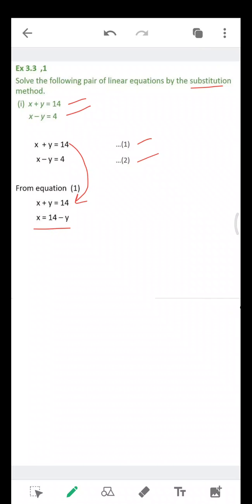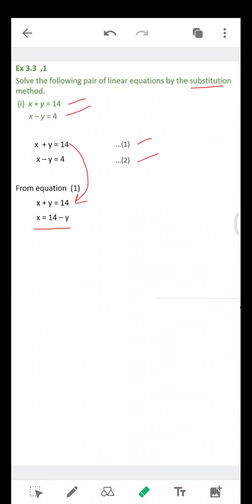You can also take y value, that's not an issue. y equals 14 minus x, this will also work. But you should take any one. Now I am not taking this one, forget it. I am taking whichever is suitable, whichever is easy.